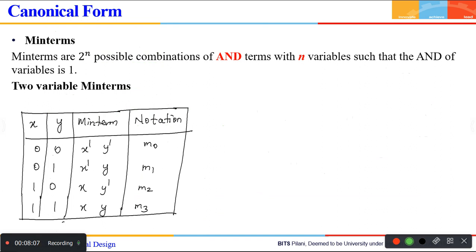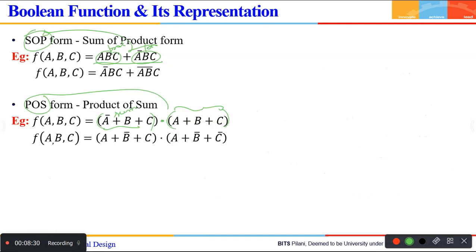Now let us see another term. We have something called min terms and max terms. Of these two forms of representation of a Boolean function, either sum of products or product of sums, we will have terms. Can you see this is one product term, and this is another product term?